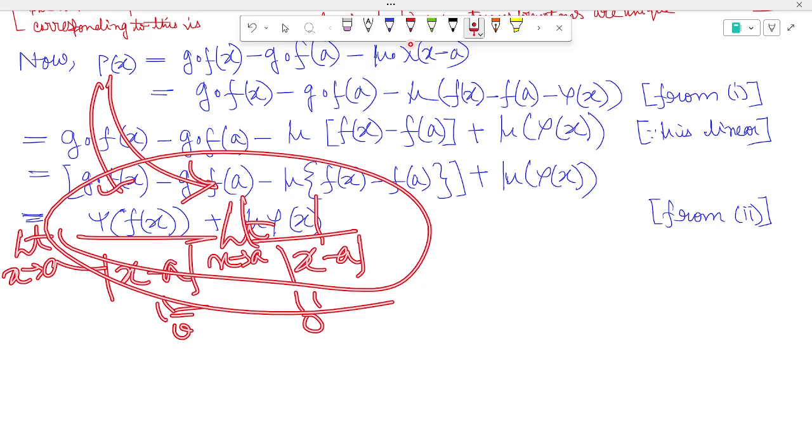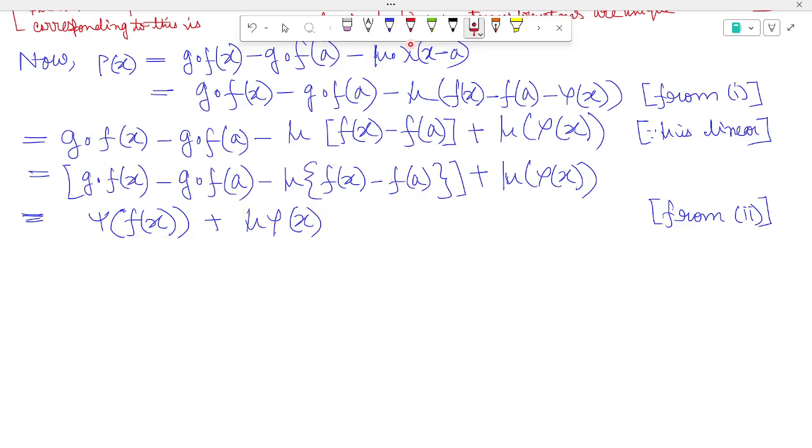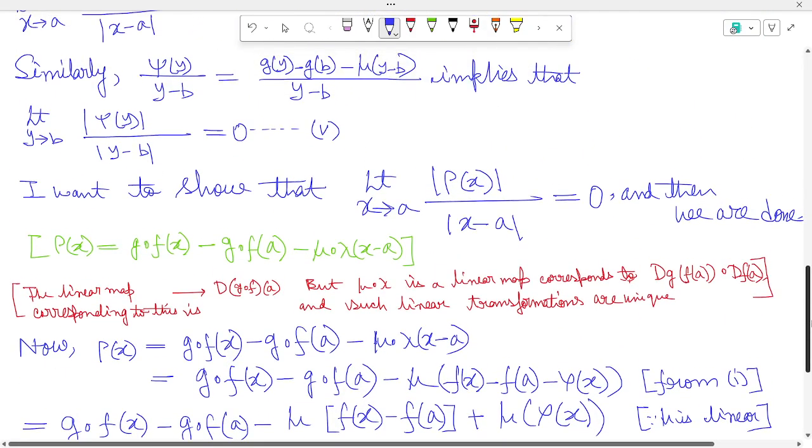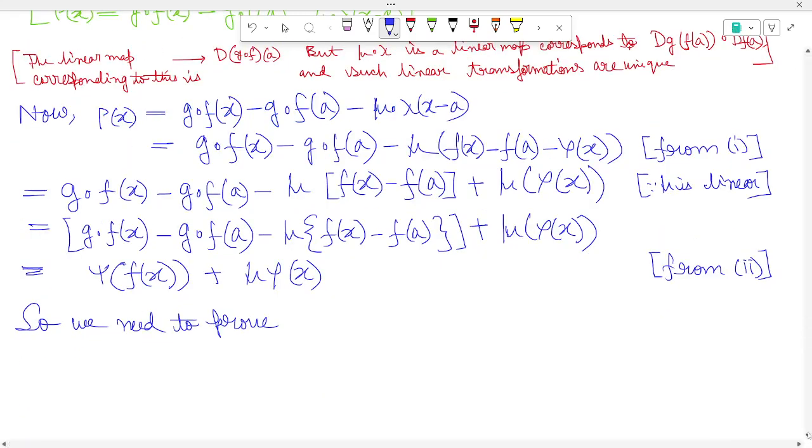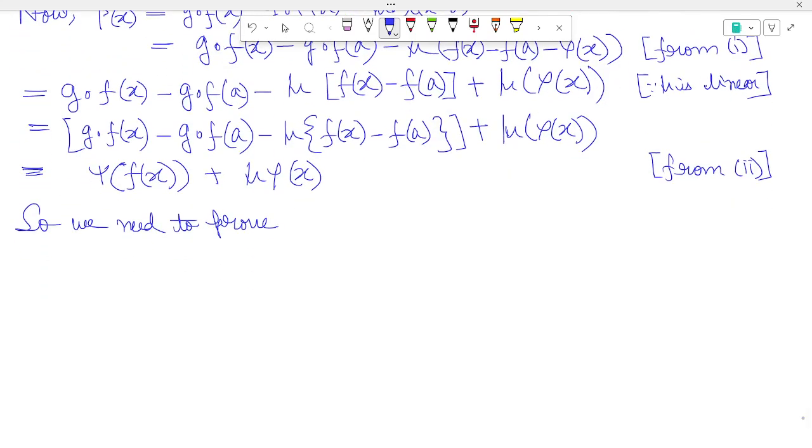So our goal will be established. So we need to prove, first thing, how many equations are there? 5. So 6 and 7 will be there.